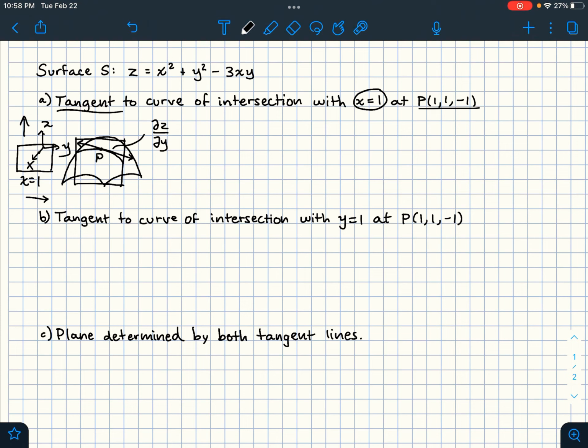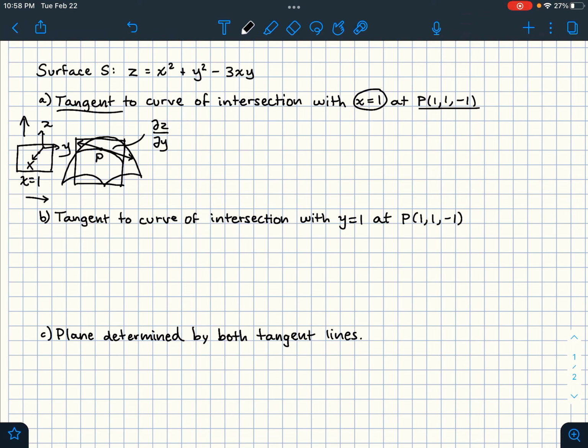Okay? So, to explain again, because this plane of intersection goes in the direction of the y and z axes and is normal to the x-axis, dz/dy will give us the slope of any tangents to that intersection curve.